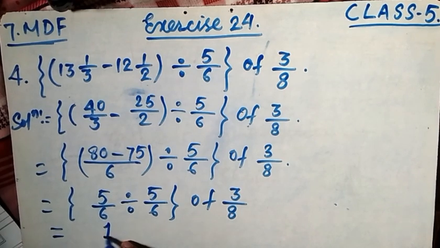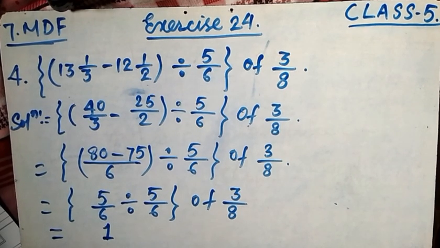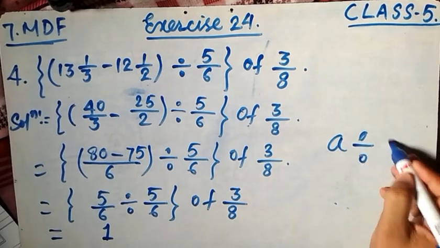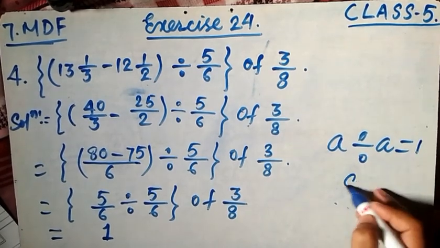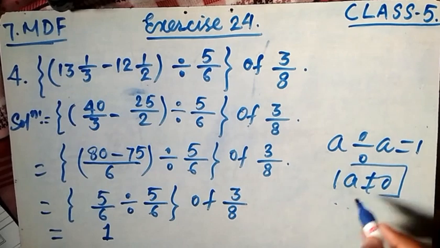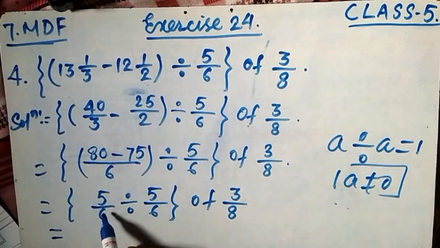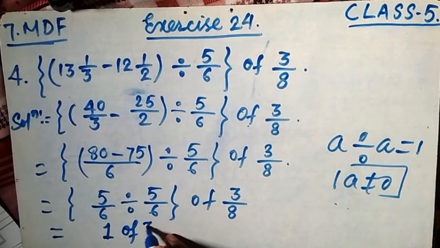If you remember the property of fractions, suppose a divided by a is equal to 1, a not equal to 0. So here 5 by 6 is not equal to 0, and the same thing divided by the same becomes 1. Here is the 1 and of 3 by 8.